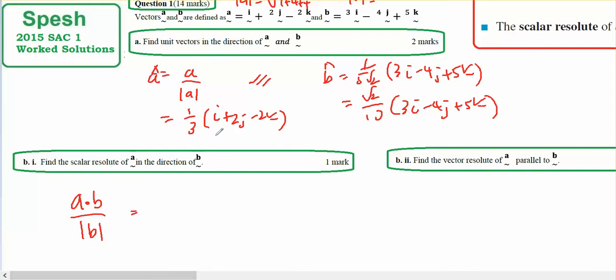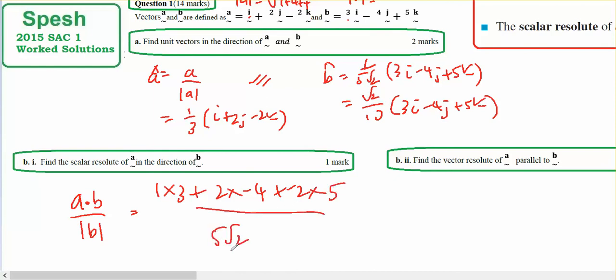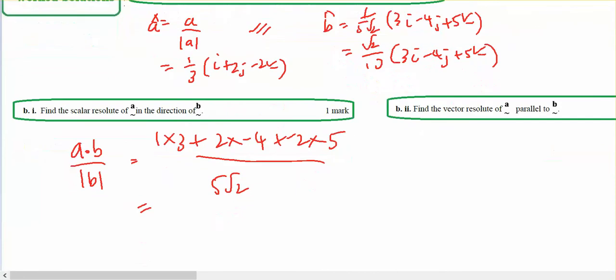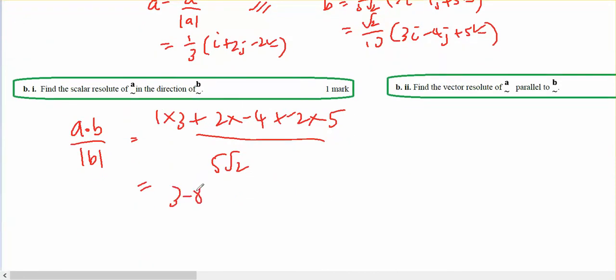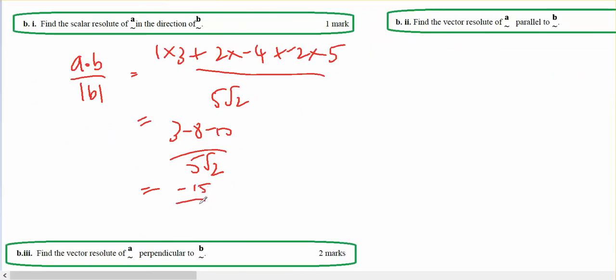So it's going to be a dot b, which will be 1 times 3 plus 2 times negative 4 plus negative 2 times 5, all over 5 root 2, which will equal 3 minus 8 minus 10 on 5 root 2, which equals minus 15 on 5 root 2, which is minus 3 on root 2.